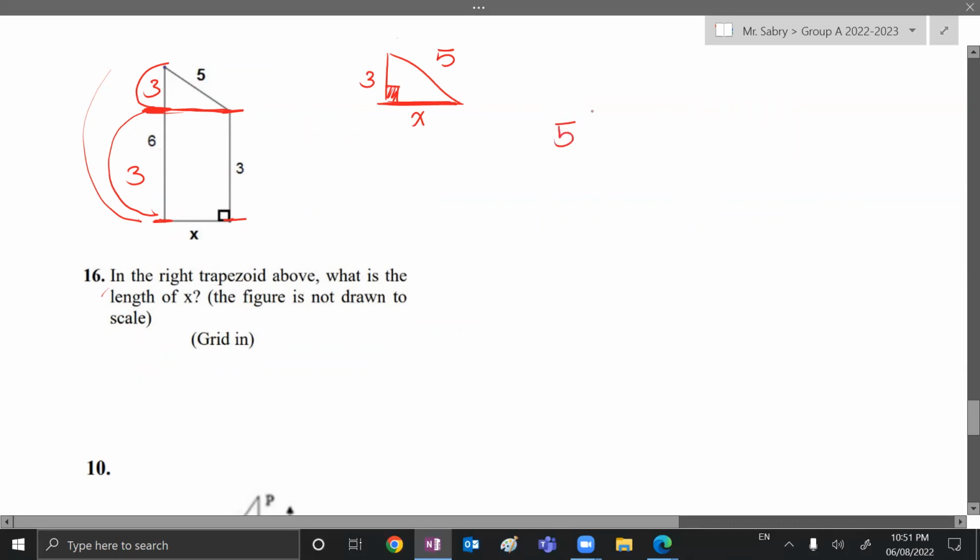Since the hypotenuse here is given, I should do 5 squared minus the other side squared, all under the square root. That should give me the length right away as 4. If this is 4, then this is as well 4. So this is the value of x, 4. Does that one make sense?